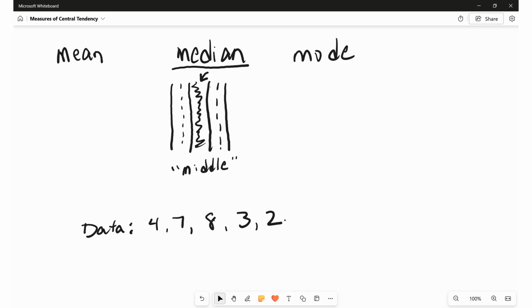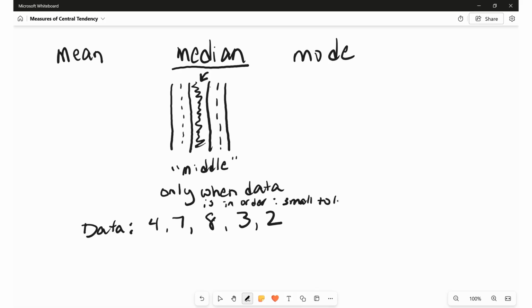Even though median is the number in the middle, it is the number in the middle only when the data is in order. And what kind of order?